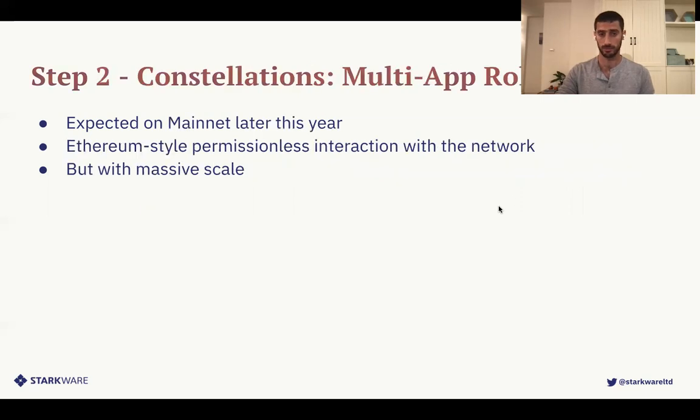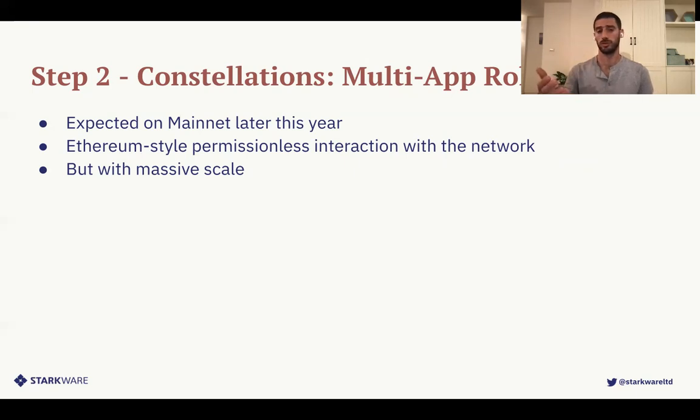The next step, multi-app rollup, will take this building block of a Starknet contract and put it in an Ethereum-like permissionless state. And you can expect everything that you expect from Ethereum.